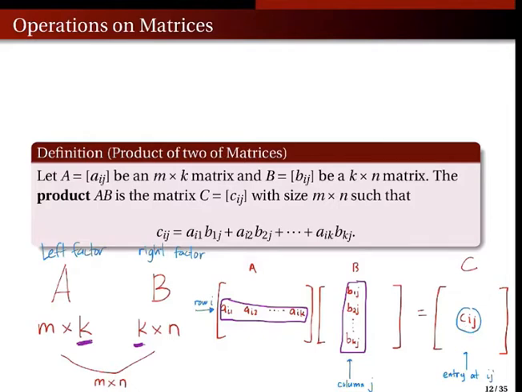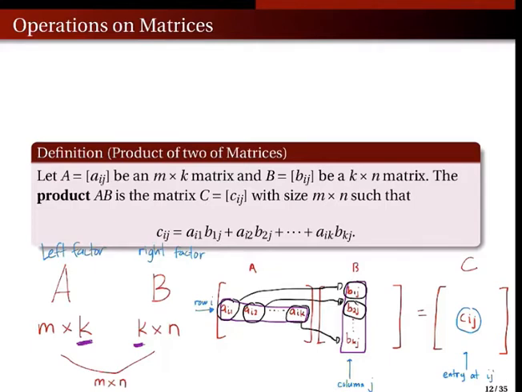And for more emphasis, what you're going to multiply: Ai1 will be multiplied to B1j, and then Ai2 will be multiplied to B2j, and then AiK, so go and work on the multiplication.